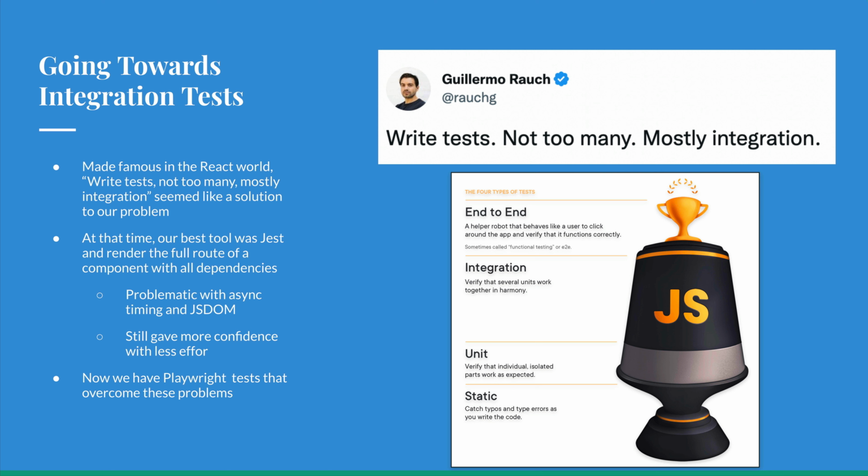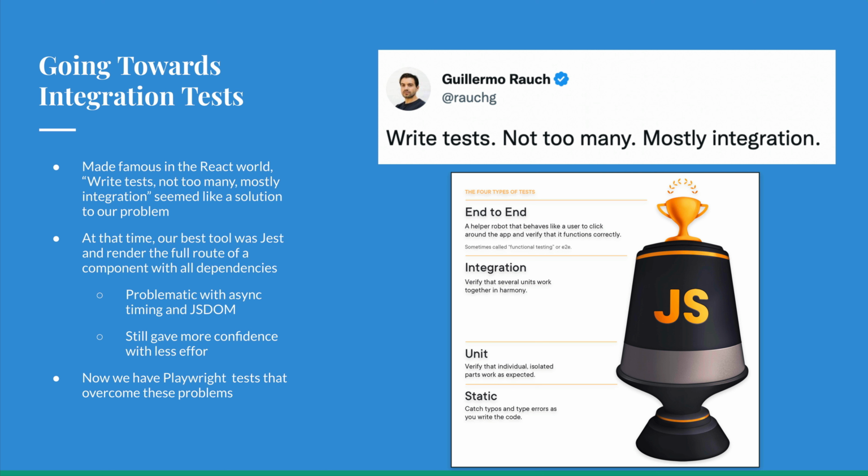The output you get for the testing effort is a lot better than with a unit test, because you can cover a full use case with an integration test, whereas a unit test would just cover a separate unit.